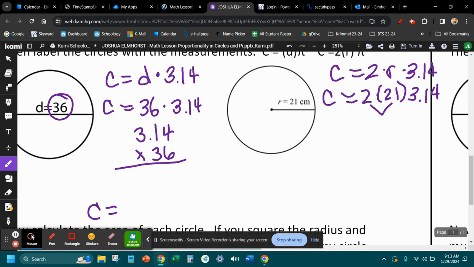So that's going to give us 42. 2 times the radius of 21 gives you the diameter of 42.